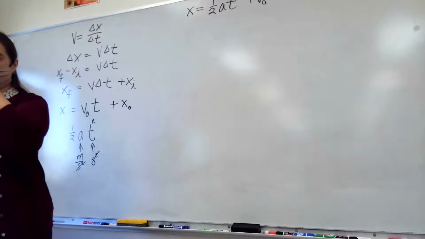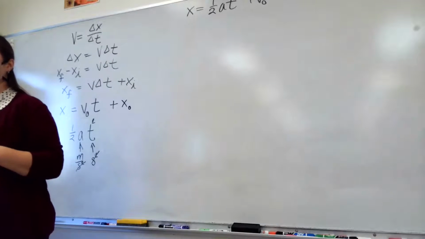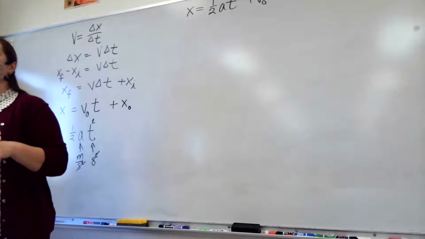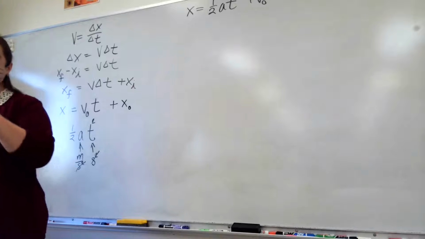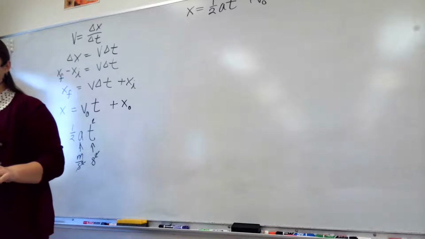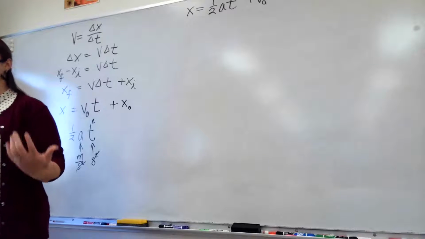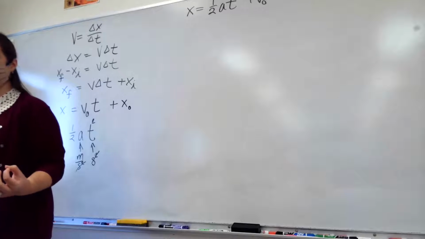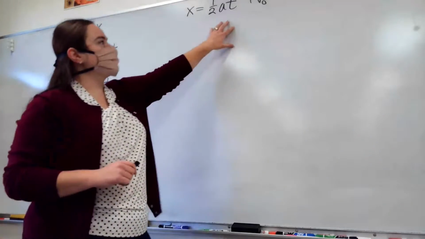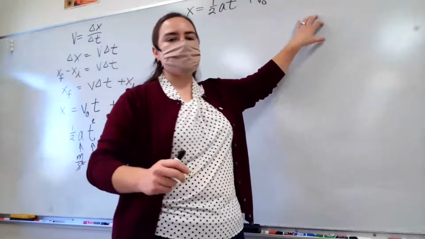Okay? Now, I know this is probably the longest equation that you've ever used in class. I will tell you right now, most of the time, a lot of things will be 0 and so you won't have to use all of the terms. The reason why we have it written like this is because this is our general case.